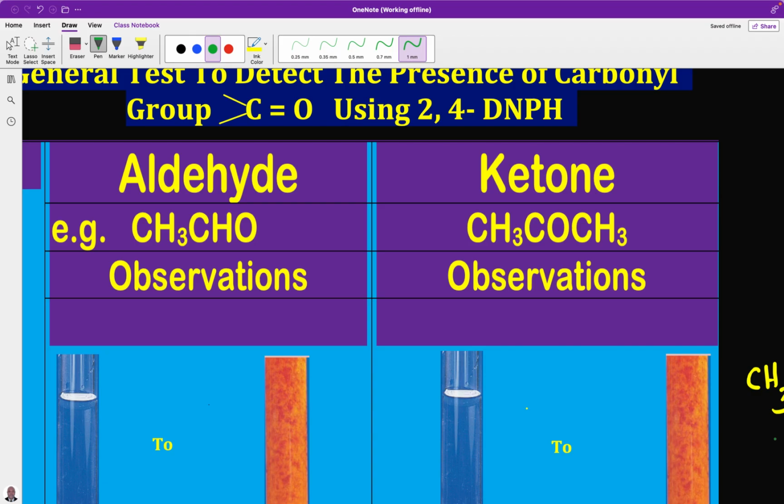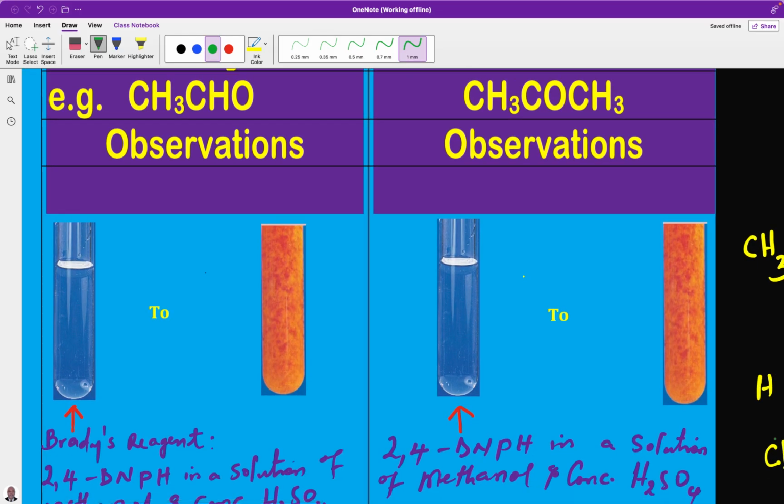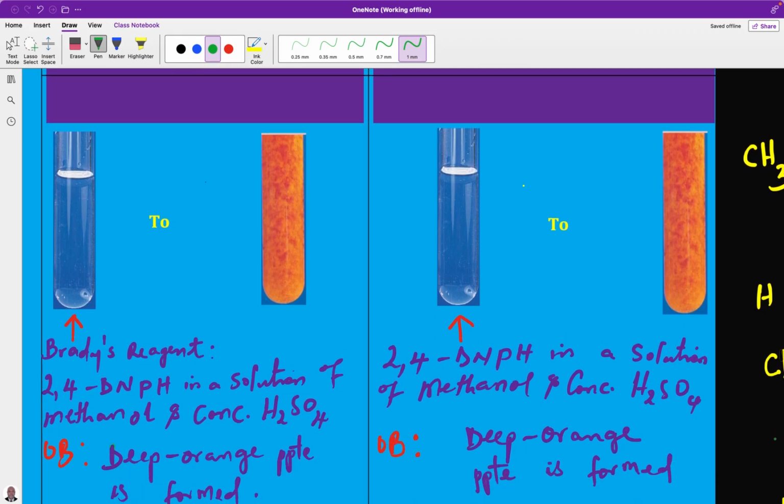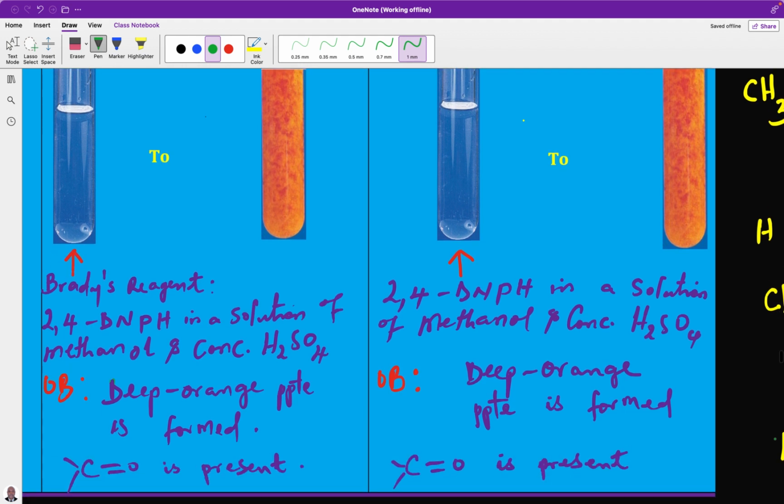When this Brady's reagent is added to two test tubes, one containing ethanol and the other containing acetone, in the one that contains ethanol, the observation will be a deep orange precipitate, indicating the presence of a carbonyl group.